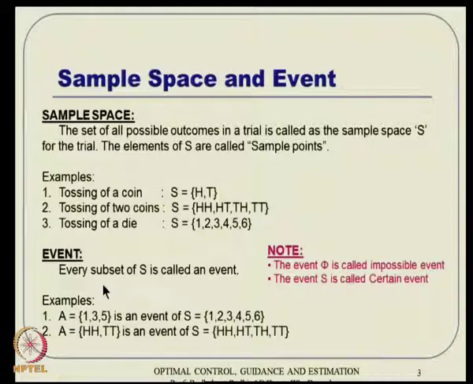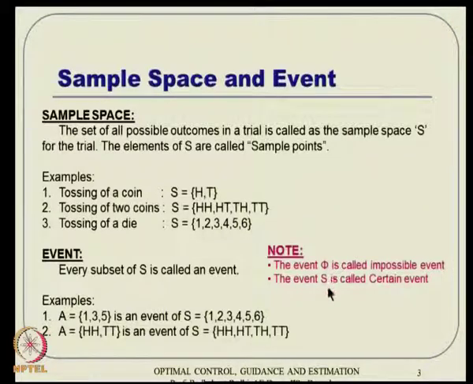An event is defined as follows: every subset of S is called an event. If you take any subset of S, either a single element, 2 elements, or even the full set, that is an event. There are 2 special events. One is phi, the null set, which is called the impossible event.